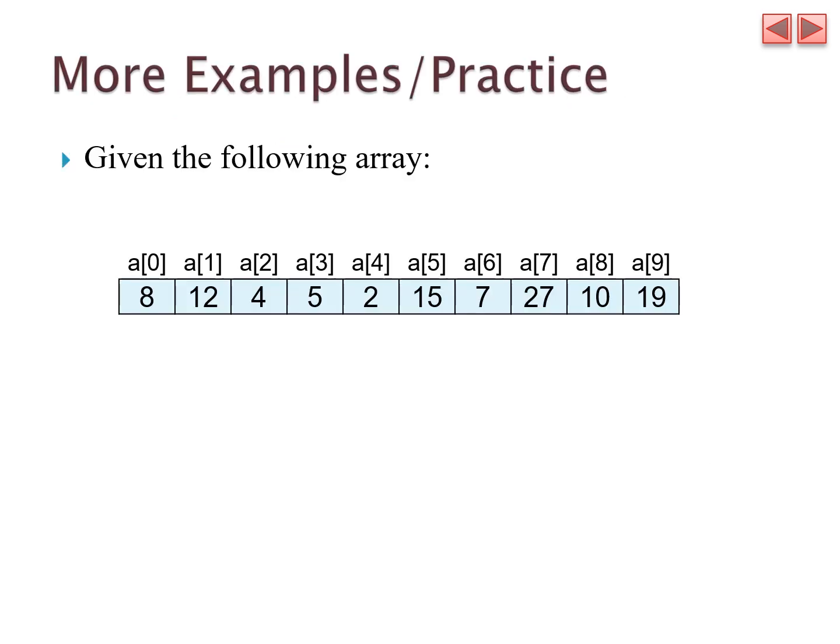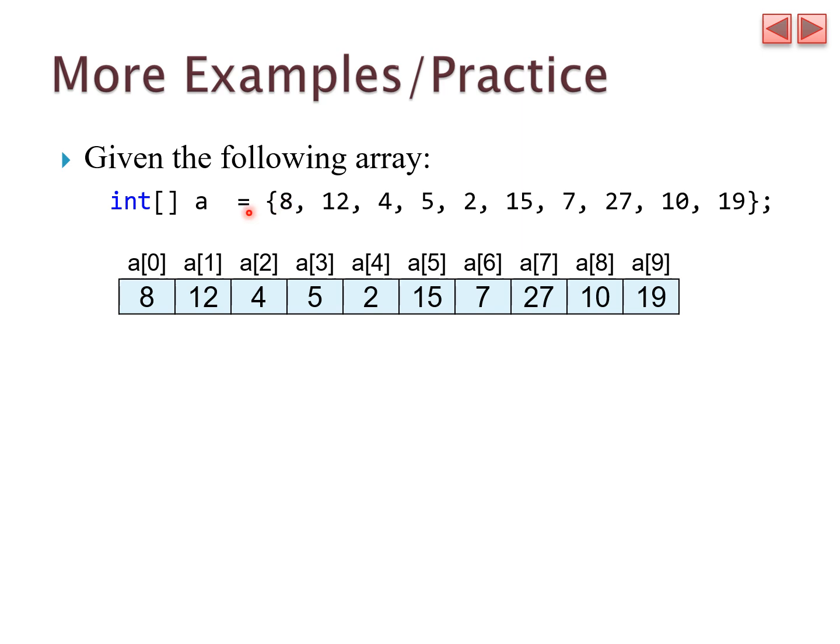Finally, here are some small exercises that you can do to practice with sorting arrays in Java. Here I gave you this array, which also has 10 elements. Suppose that we have declared and created that array using this assignment statement and declaration.